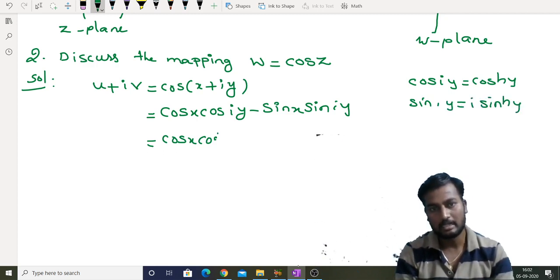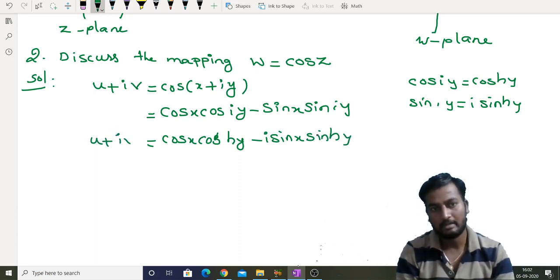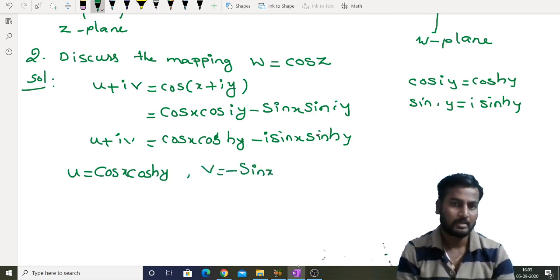Therefore, it is cos x cosh y minus i sin x sinh y. Now here u plus iv, what is u? U is cos x cosh y. What is v? Here v is minus sin x sinh y.